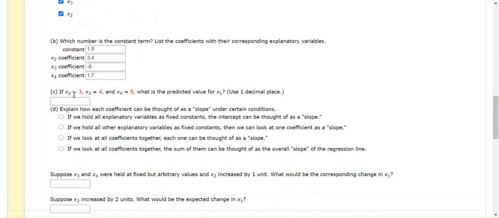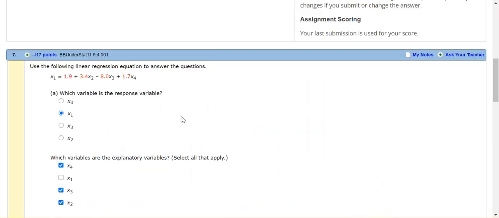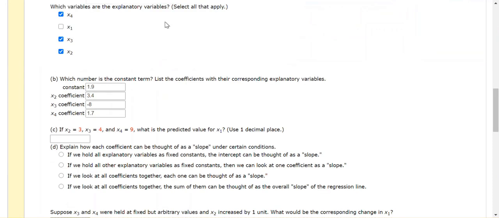Part C. If x2 equals 3, x3 equals 4, and x4 equals 9, what is the predicted value for x1? All we're doing here is plugging in those values that were given into the function itself. So let's take a look at that.